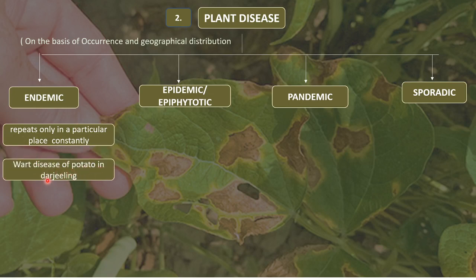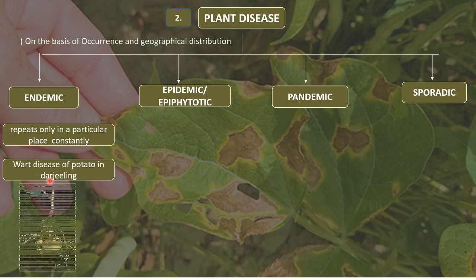Now, this wart disease actually happens only in Darjeeling and nowhere else. There are warts present over the surface of the potato, so it is known as wart disease of potato, and this is only observed in Darjeeling. Endemic means it will happen only in Darjeeling and nowhere else in the country. So it is endemic to a particular area.